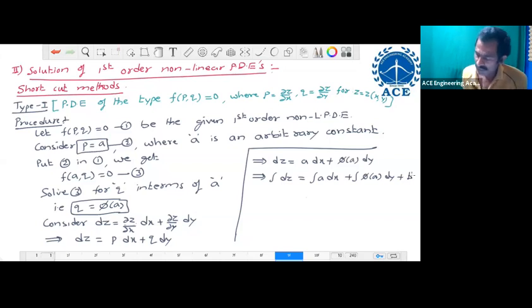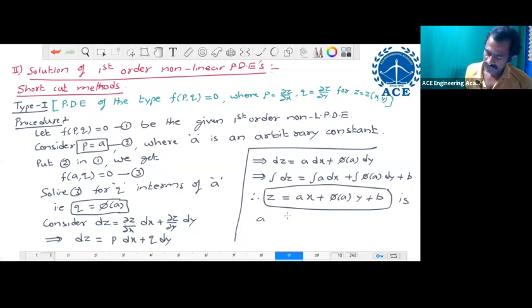Anyone can take; I'm taking b. Therefore, z equals a x, since a is constant, plus phi of a times y, plus b. This is a complete solution of equation 1.